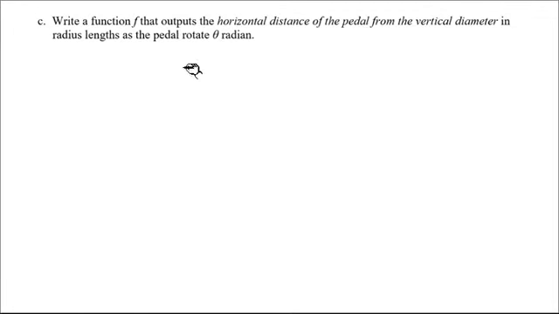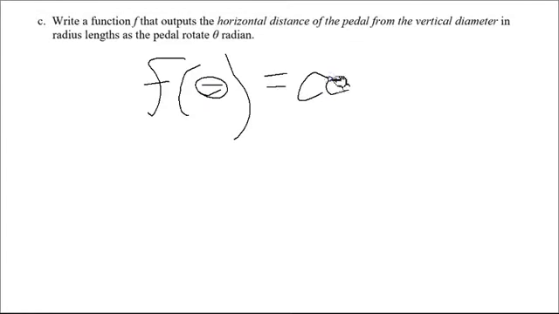Okay, so we want to write a function f that outputs the horizontal distance from the vertical diameter, so we know that's the cosine, in radius lengths. By virtue of their specifying that our unit is radius lengths, we know that's our standard cosine with respect to theta in radians model.